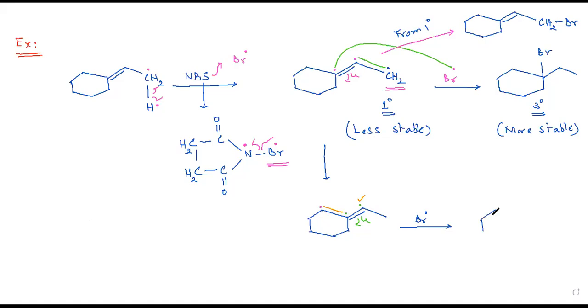You can straight away add bromine free radical there. Straight away, you get a bromine here or here. So two products can be written. If you write a double bond over here, then this will become your product. This is, of course, a 2 degree one. Even this way also is possible.